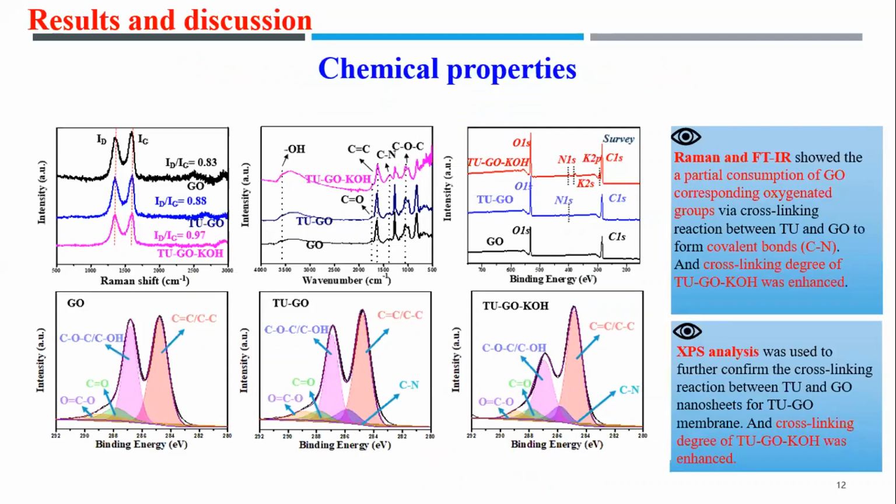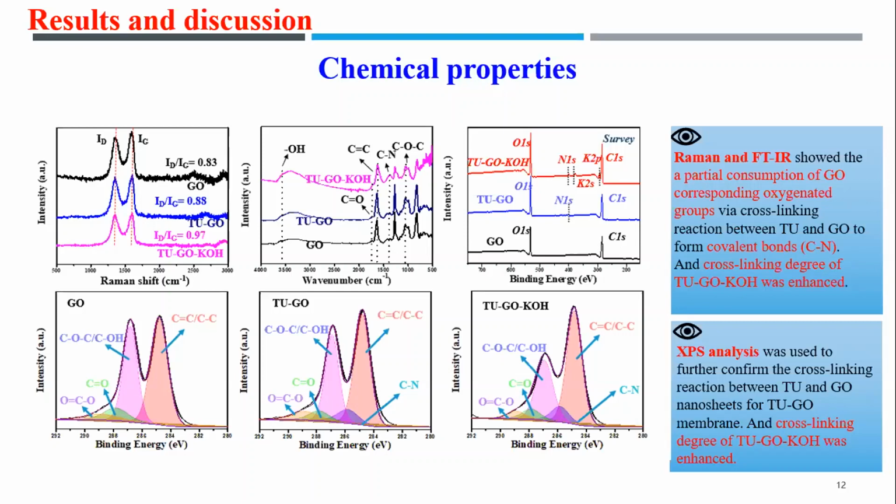After the observation of membrane morphology, Raman and FTIR were used to characterize its chemical properties, and the results show that there is a partial consumption of the corresponding oxygen groups during the cross-linking reaction between side-zero and graphene oxide, and a new carbon-nitrogen bond was formed.